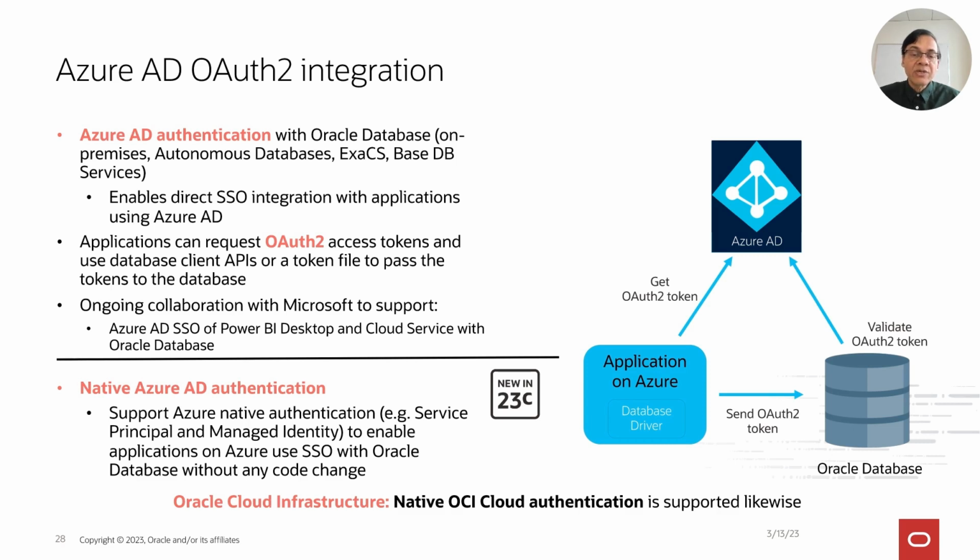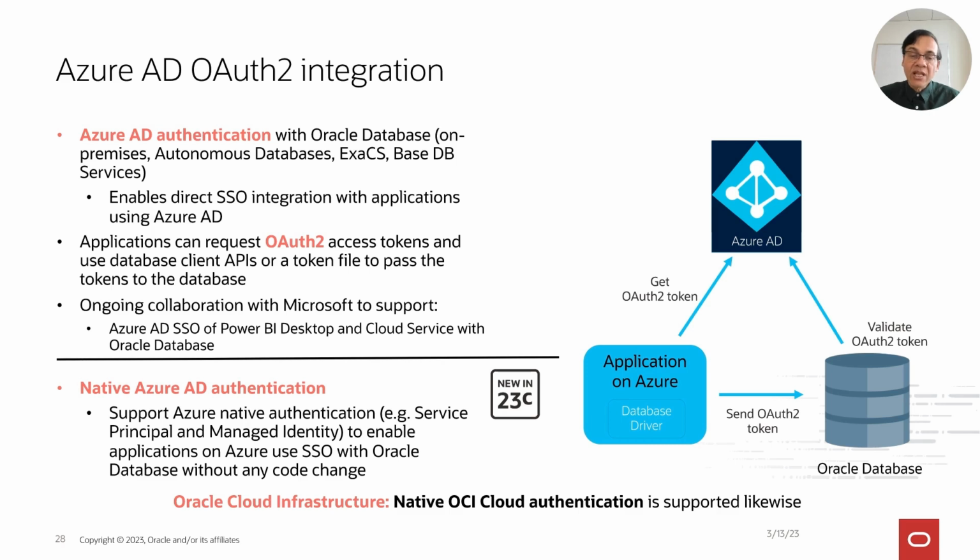Now in 23c, we are making some improvements in our Azure AD authentication so that existing applications without any code change can leverage the Azure AD OAuth2 integration. So far, an application could pass the tokens to our driver through APIs or through a token file.